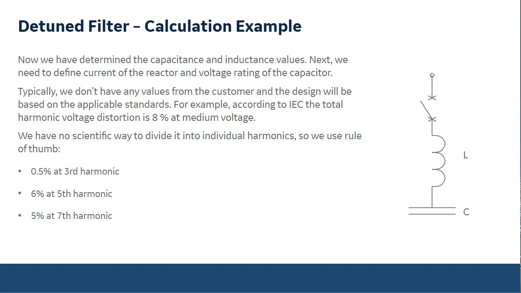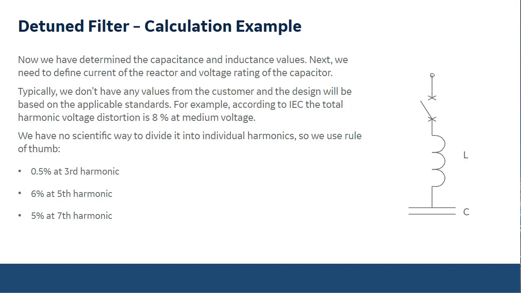I have chosen the total voltage distortion to be around 8%. We have no scientific way to divide it into individual harmonics, so use a rule of thumb here. We take 5% of the 7th, 6% of the 5th, and 0.5% of the 3rd harmonic. These are quite close to 8% total harmonics. This is the harmonic spectrum that we will use here.